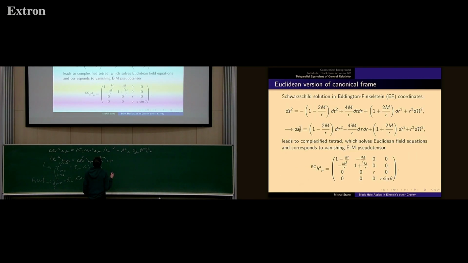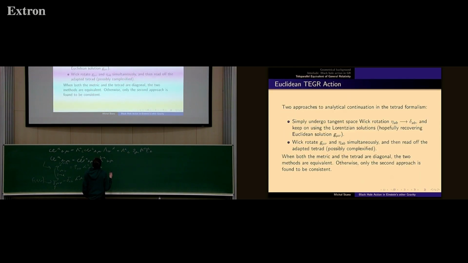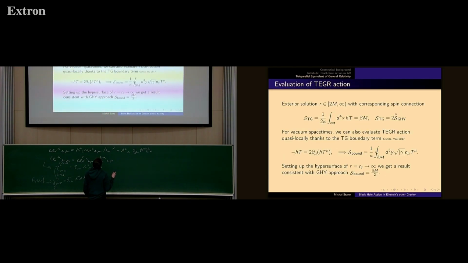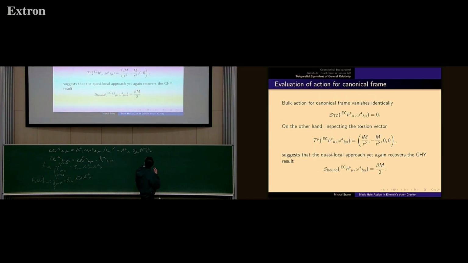However, we've seen that in the case of the diagonal frame, we obtain the value for the torsion scalar to be beta m once we have integrated. But in the case of the canonical frame, our torsion scalar turns out to be vanishing. So if it is truly a scalar, and if it vanishes in one frame, it should be 0 in any other Lorentz transformed frame, right?